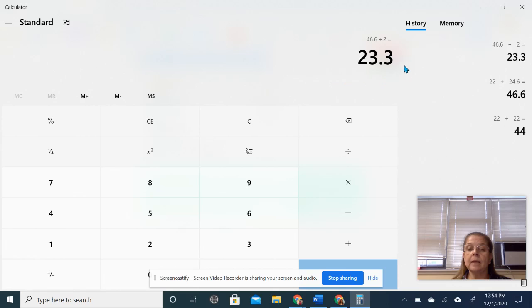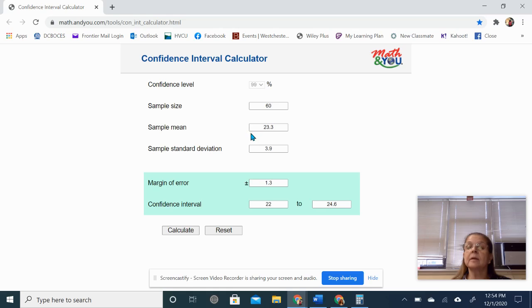Does that number sound familiar to you? 23.3. The 23.3 was our sample mean. Something to keep in mind as you do some other work.